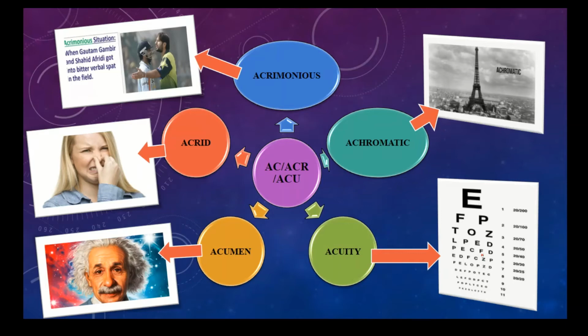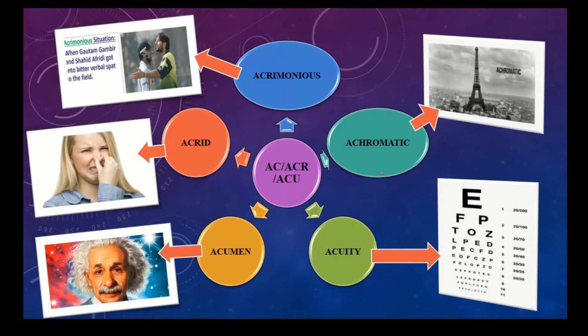This board is known as the Visual Acuity Test Board. What is the use of this board? It is mainly used to test eye vision, whether you have short sight or long sight or some defects. That is an example of acuity.